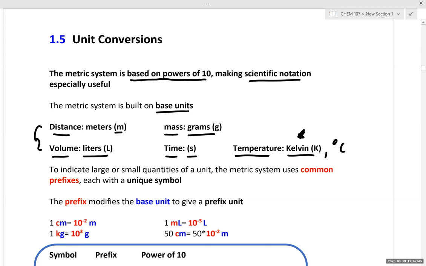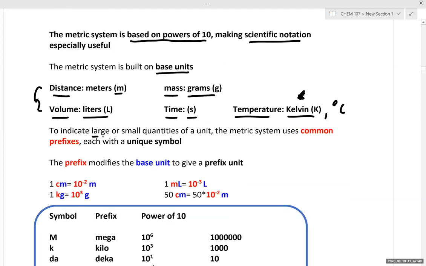Okay, now to indicate large or small quantities of a unit of measurement, the metric system utilizes a set of common prefixes, each with a unique symbol.